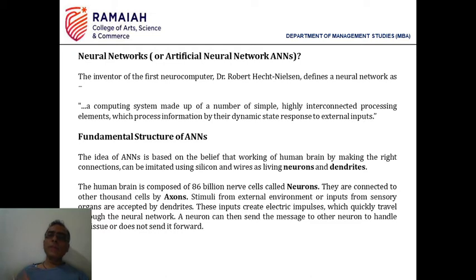Now stimuli from an external environment or input from sensory organs are accepted by dendrites. These inputs create an electric impulse which quickly travels through the neural network. A neuron can then send the message to other neurons to handle the issue, or not send it forward.